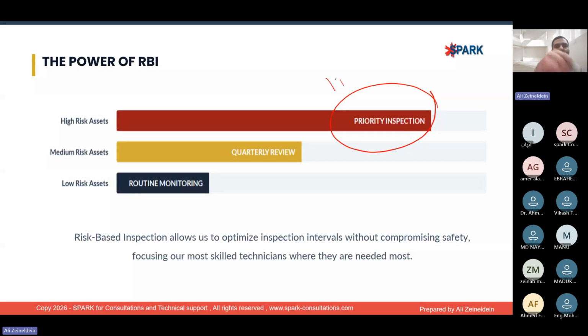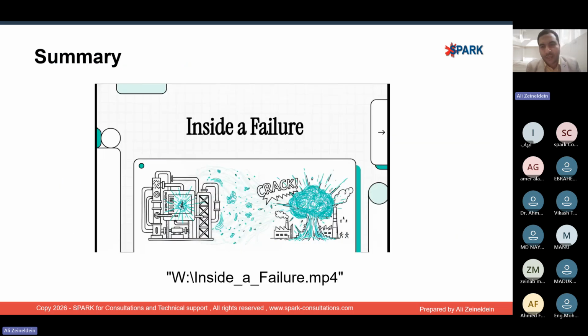This is the main objective of RBI. Now, from my side, I finished my session, and welcome any questions related to the 4 subjects that we discussed in our session.